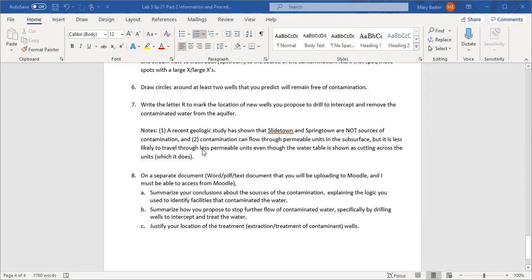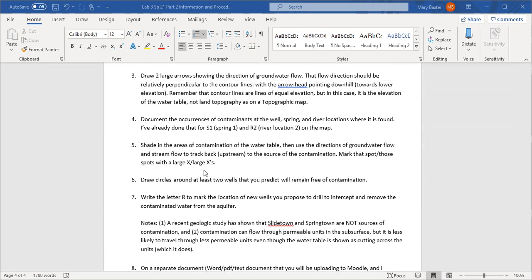So once you've tracked your contaminant source, from where the wells are contaminated back to your possible contaminant source, put a large X on that source. It says that here: shade in the areas of contamination of the water table, then use the directions of groundwater flow and stream flow to track back upstream to the source of the contamination.